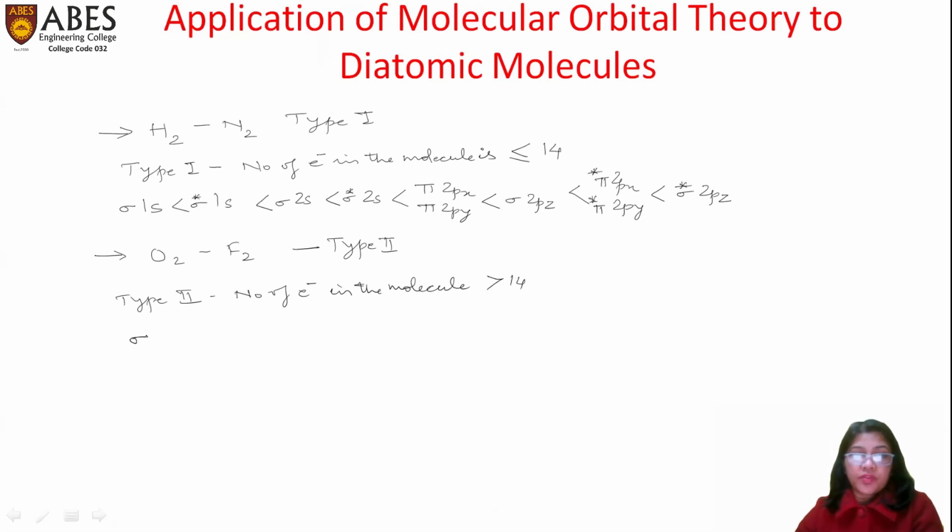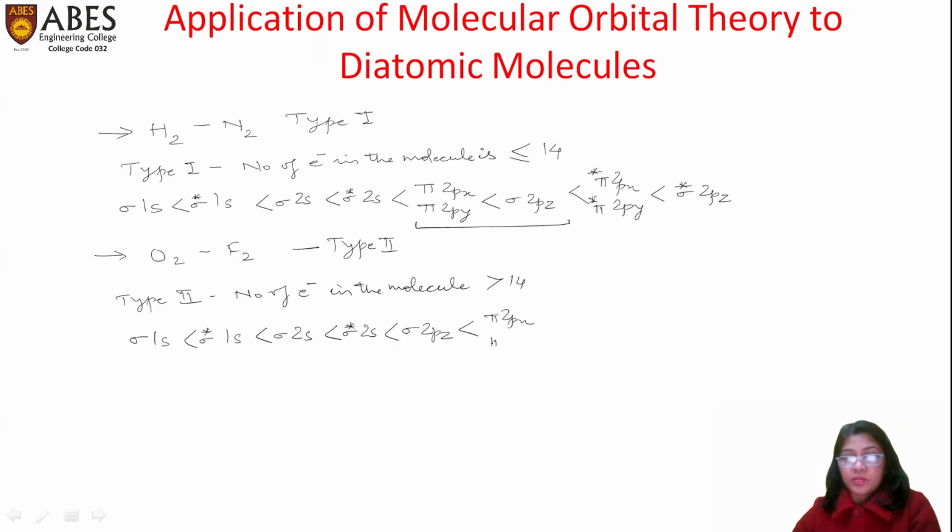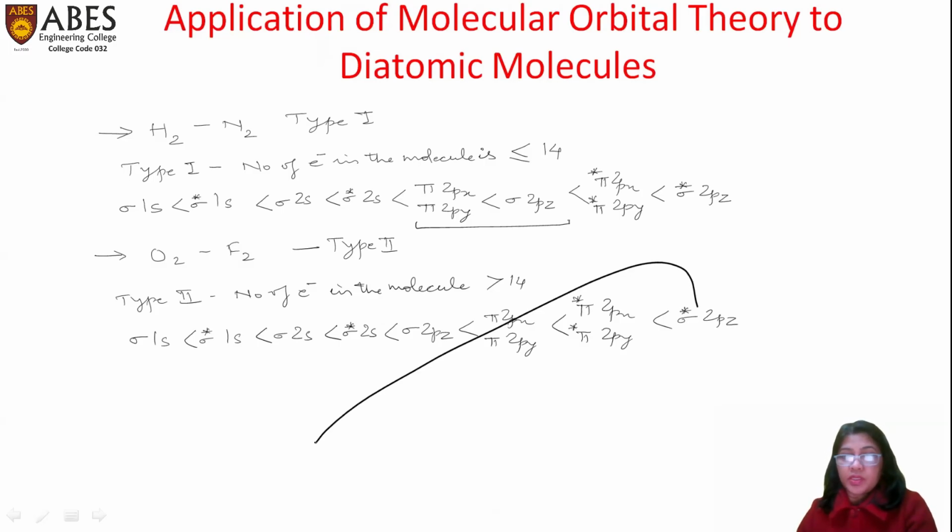Then the electronic configuration for the molecule will be sigma 1s, sigma star 1s, sigma 2s, sigma star 2s, and here the energy levels of pi bonding and sigma bonding will interchange. So here it will come sigma 2pz, pi 2px, pi 2py, and for antibonding it will remain the same, pi star 2px, pi star 2py. This energy sequence is calculated by using spectroscopic techniques.